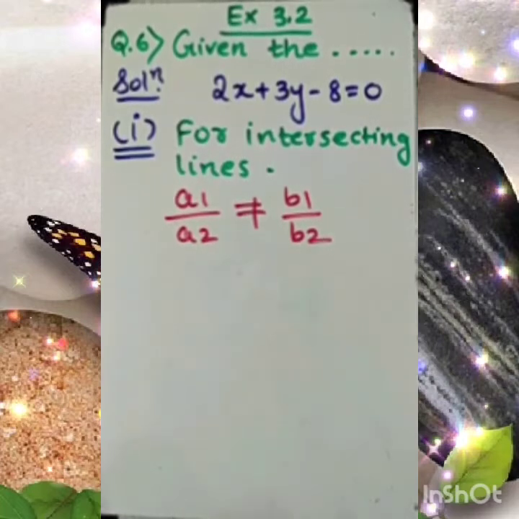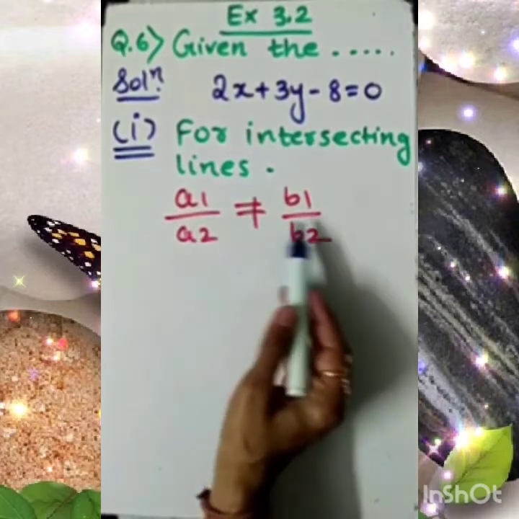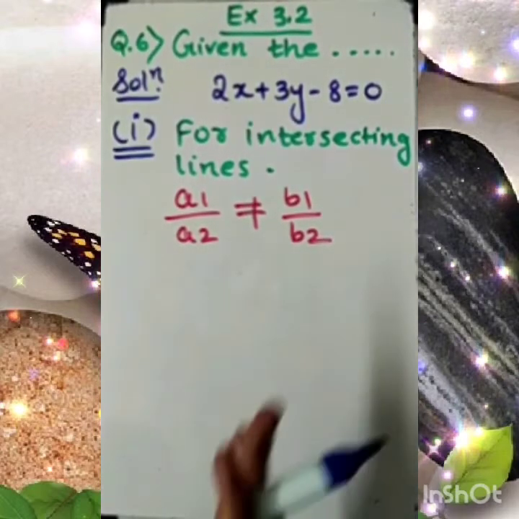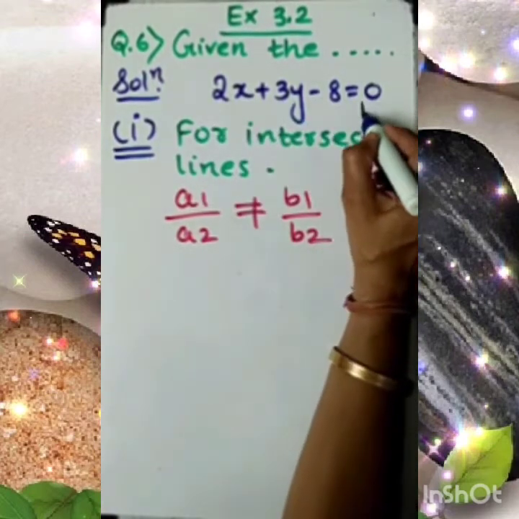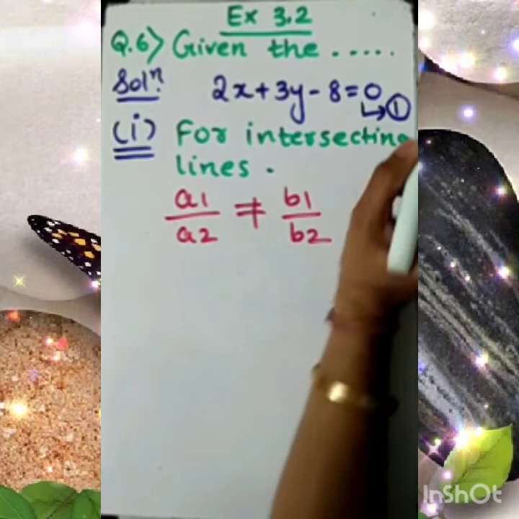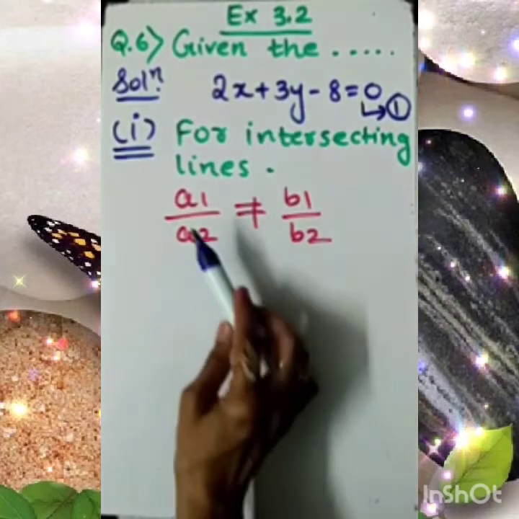Now, simply any intersecting line may be taken as the second equation. One line is this, the first equation we can say. Simple.